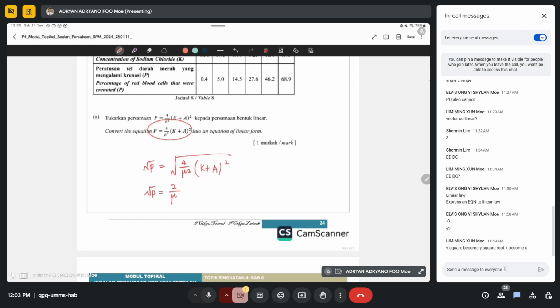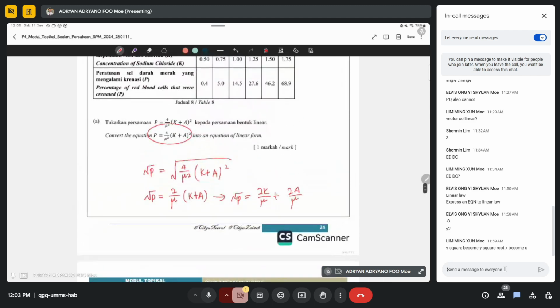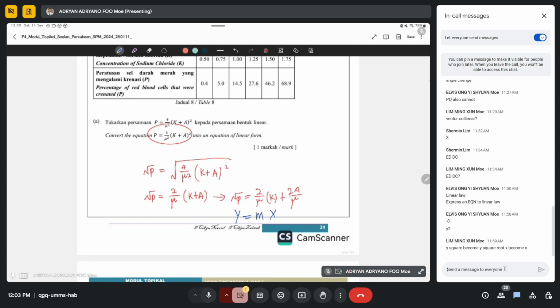Square root k plus a square, k plus a expand, square root p equal 2k over mu plus 2a over mu. 我已经知道我的 x 是我的 k, so here will become y equal mx plus c.